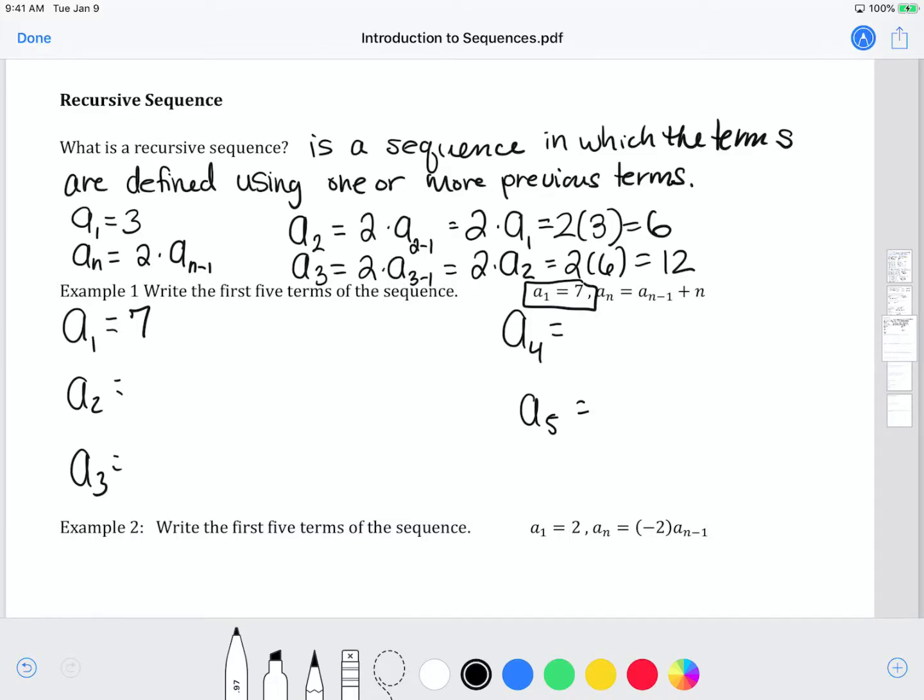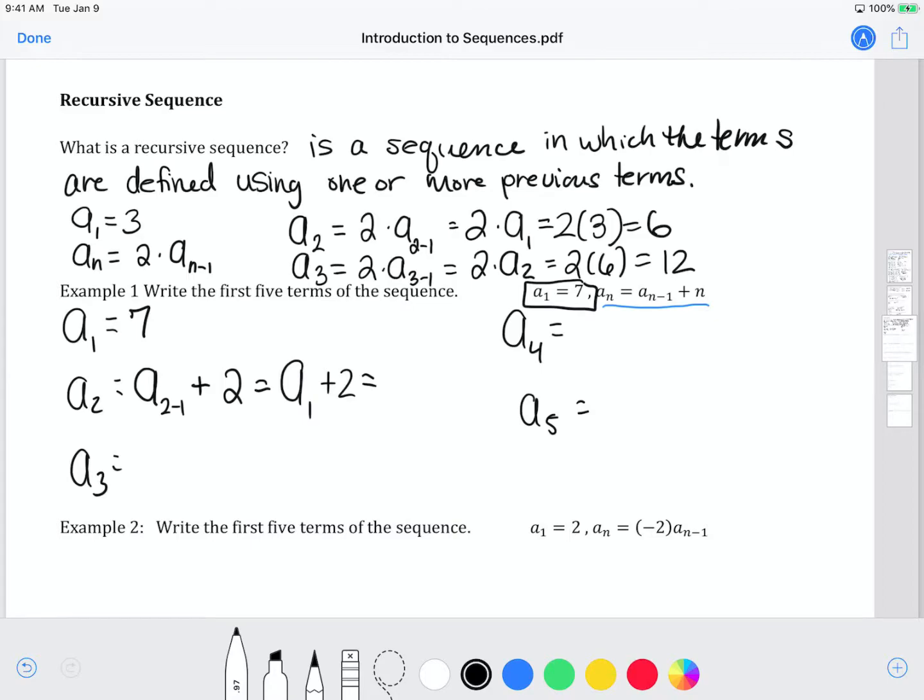Okay, so to find A2, we're going to use the nth term because A2 was not given to us. So to find A2, I'm going to take A 2 minus 1 plus n, and n in this case is 2. A2 minus 1 is A1, and I add 2.